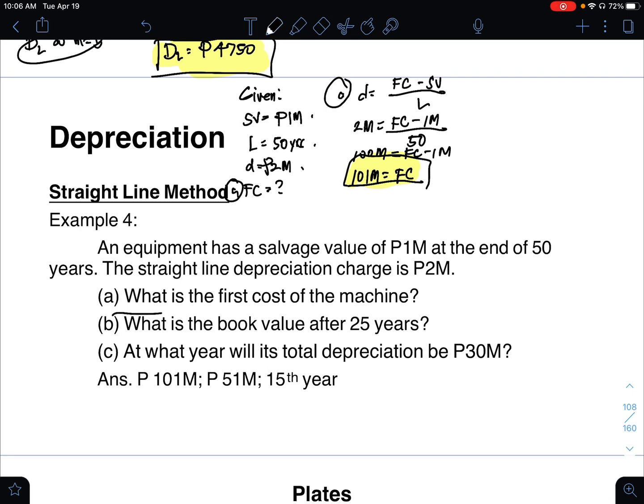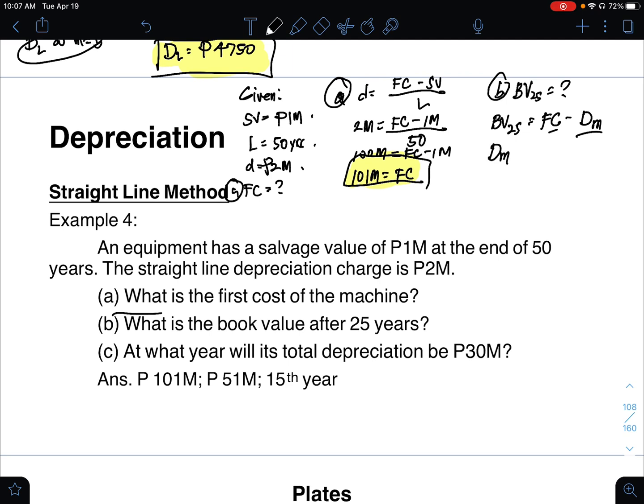For letter B, the question is to find the book value after 25 years. So, BV25 is the question mark. For BV25, we have the formula first cost minus DM, or the total depreciation at any year. We don't have DM, and our given is only FC, so we find DM.